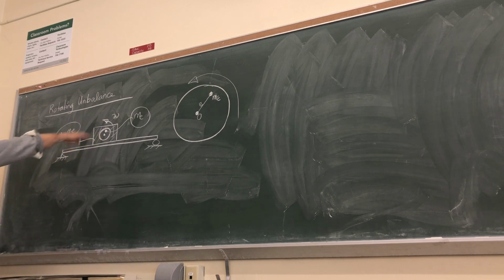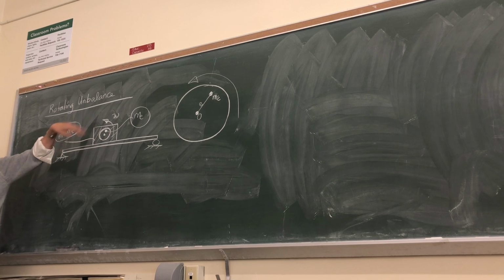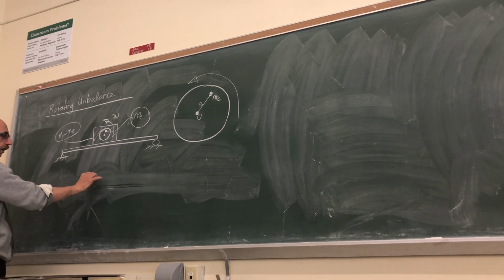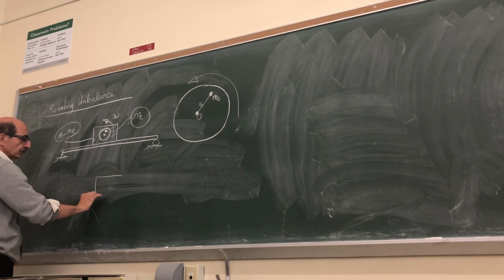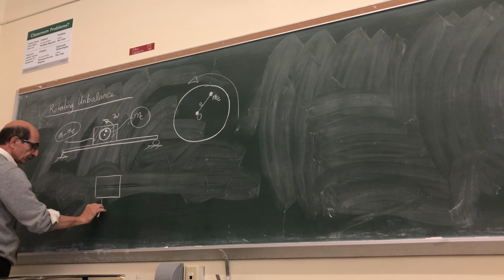As a result of this rotation, obviously, this is a harmonic forcing function. It causes, obviously, a displacement of this beam, right? So this beam can be modeled, as we've seen by now, as just something like this, right?